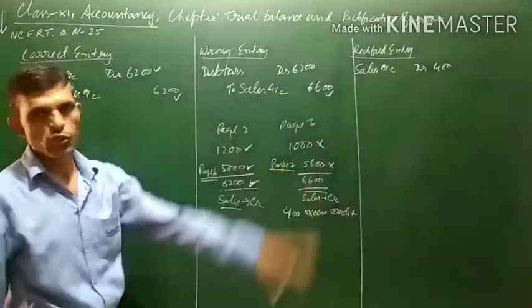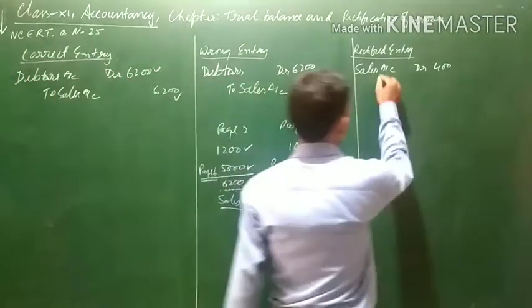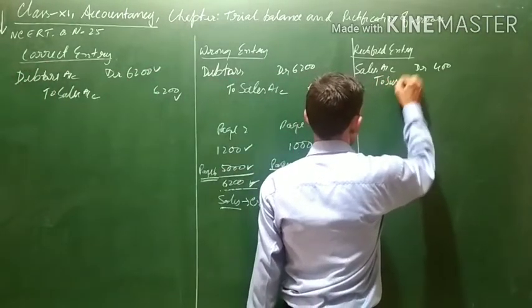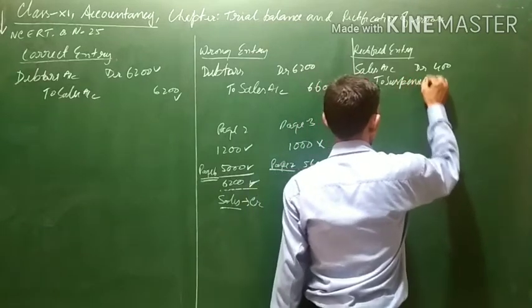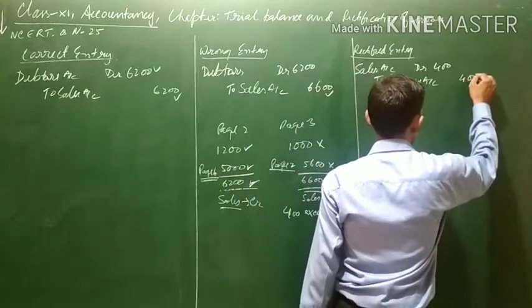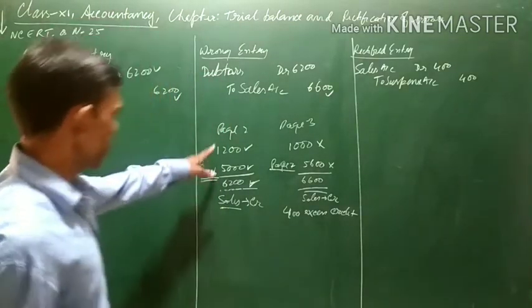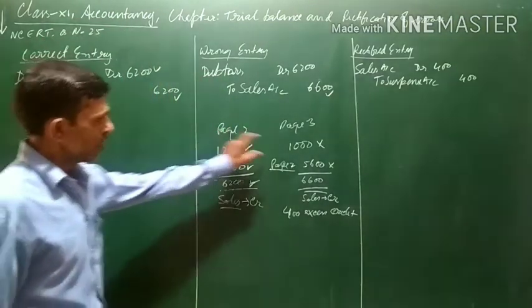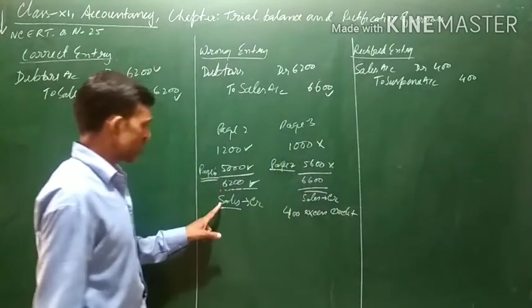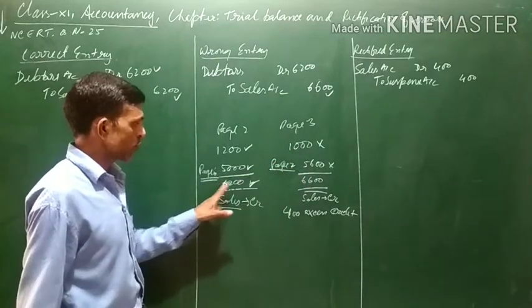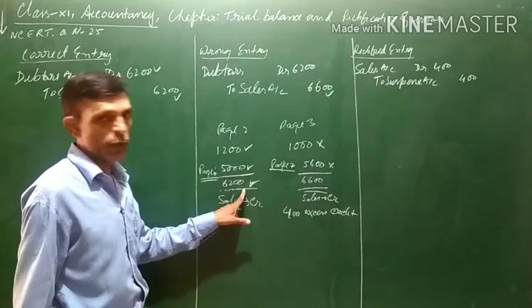And if there is no account to be credited, then we will open a suspense account. Credit to suspense account 400. This way you can do this question by calculating the amount, which is the actual amount and which is the wrong amount. Sales has a credit balance; 6,200 is the actual sales which should have been written.